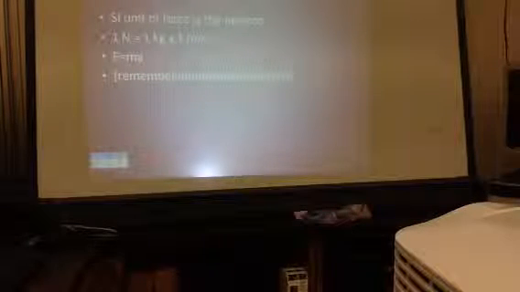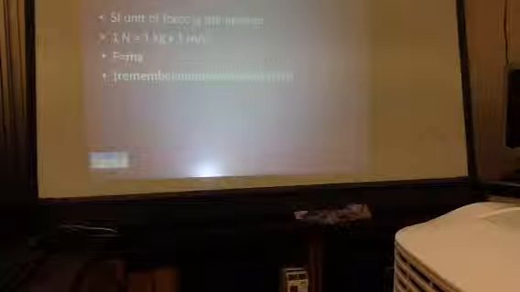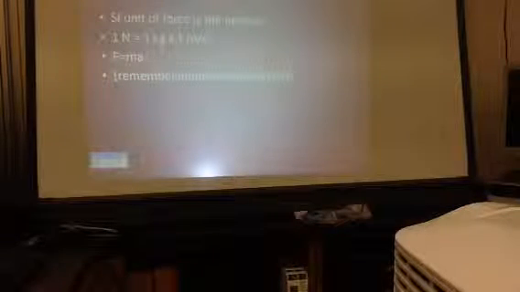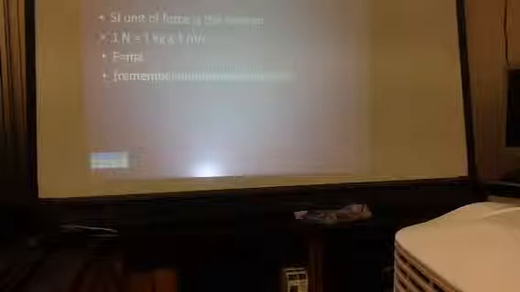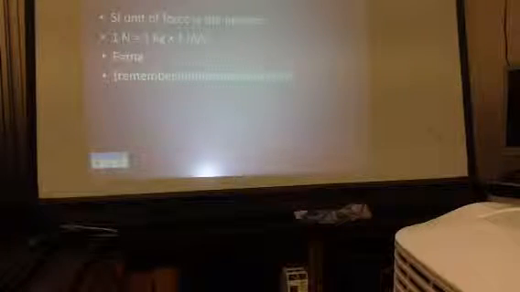So we can look at dimensional analysis. You will never forget F equals ma. Since you know F equals ma, you're always going to remember that a Newton is equal to a kilogram meter per second squared.